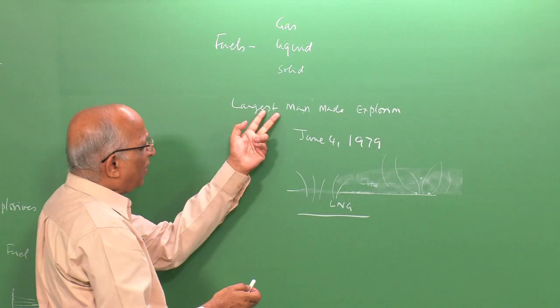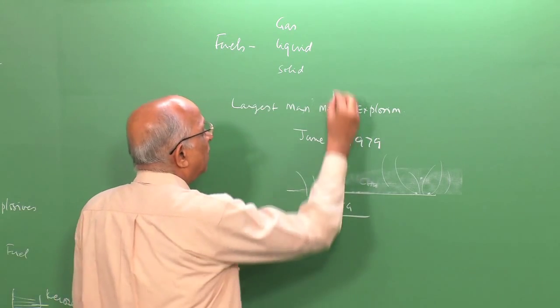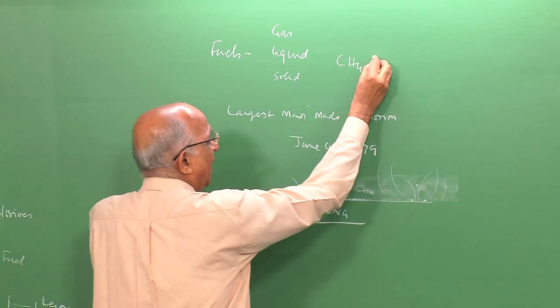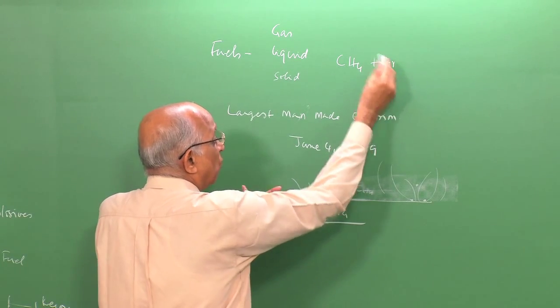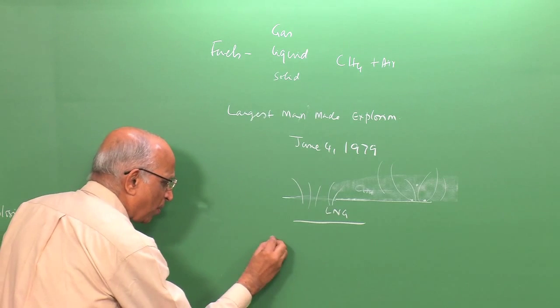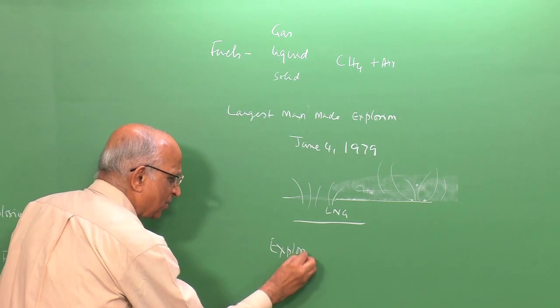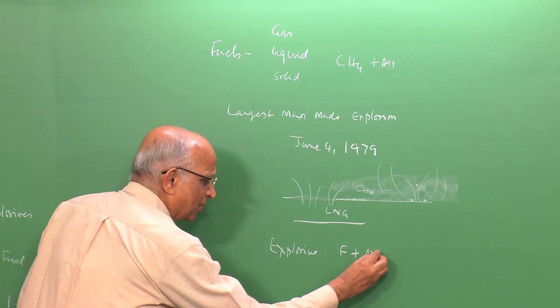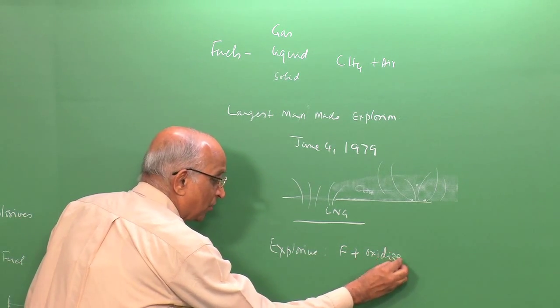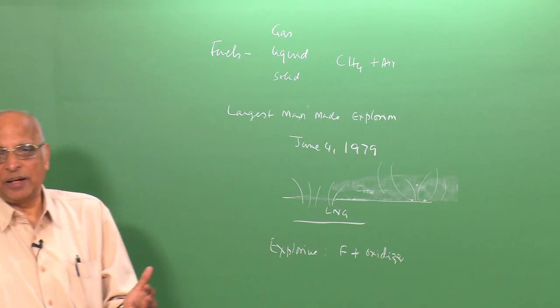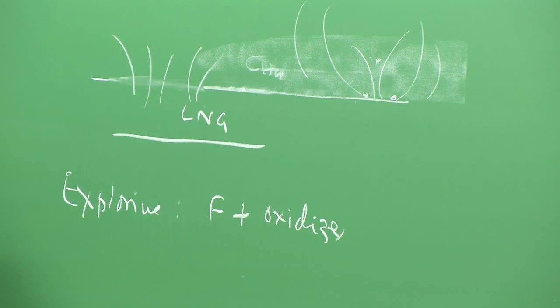Therefore, in this case you had methane, and methane is just a fuel, it cannot burn by itself. I need air to form a combustible mixture, and we define an explosive as a substance which contains fuel and an oxidizer with which it can react and form products of combustion at high temperature and probably high pressure, with which an explosion can get started.